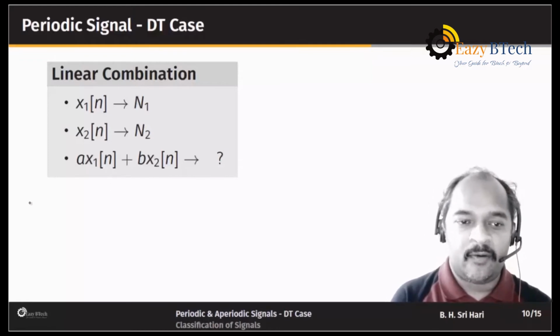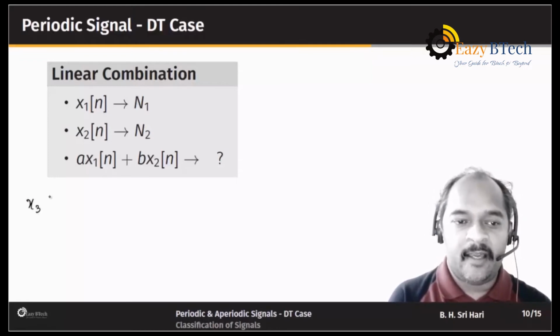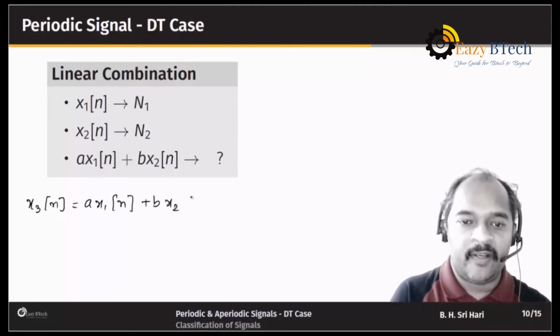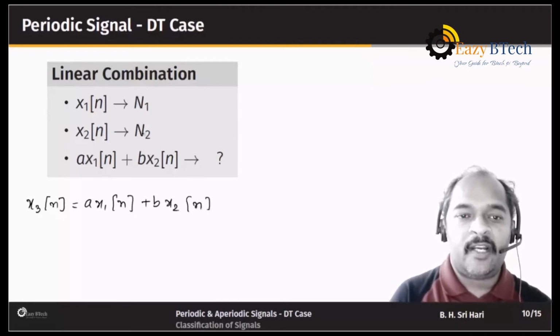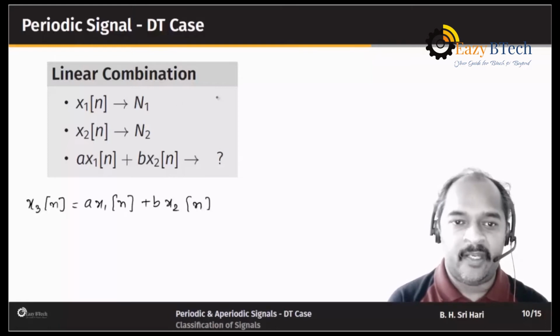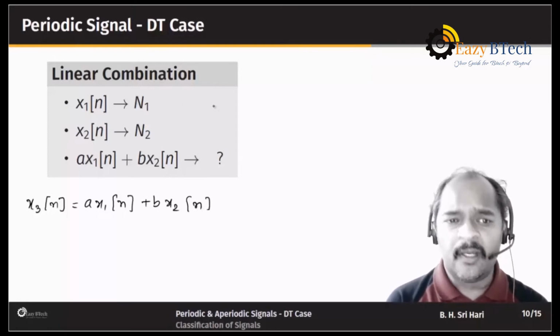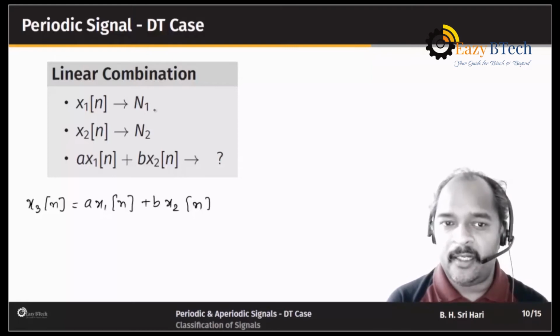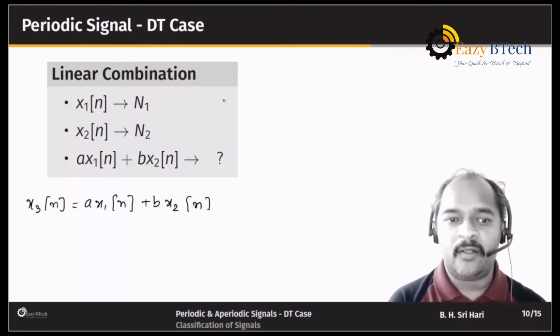That we will check. Let's assume that x3 of n is this new signal, which is a times x1 of n plus b times x2 of n. We know that x1 of n is periodic with period N1, and definitely it is periodic with integer multiples of N1 and so on.